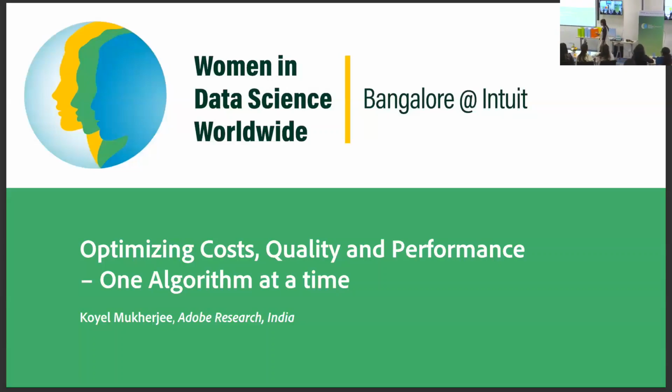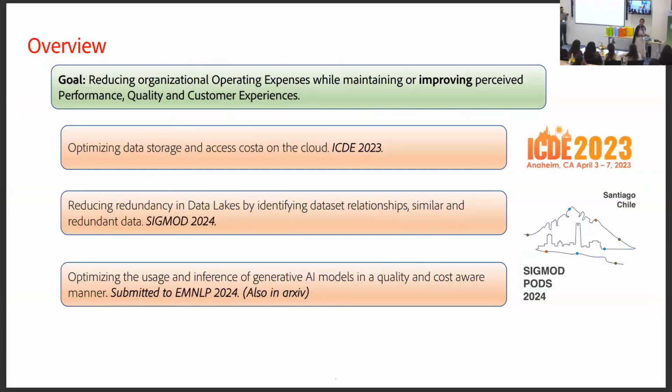So in this talk I'll mostly focus on one of the papers that we recently presented in ICDE, which will be mostly an algorithms and machine learning based work. But to start with, I'll first give an overview of some of the works and problems that we are solving at Adobe Research.